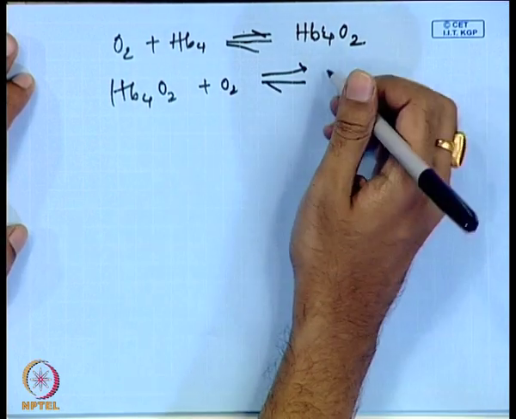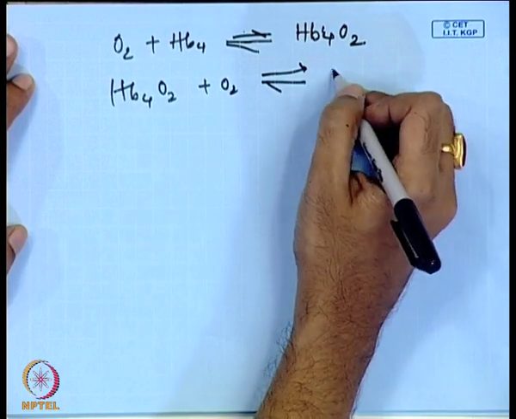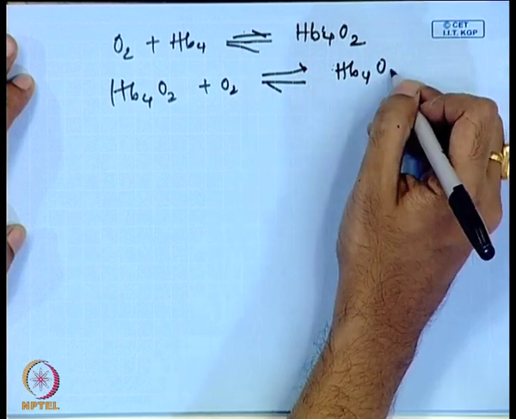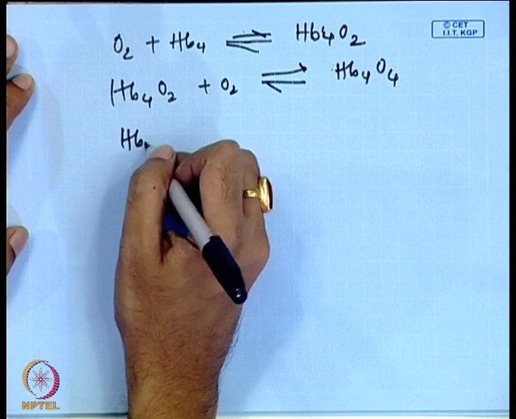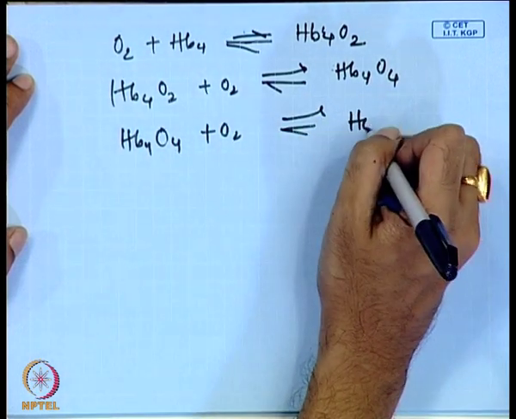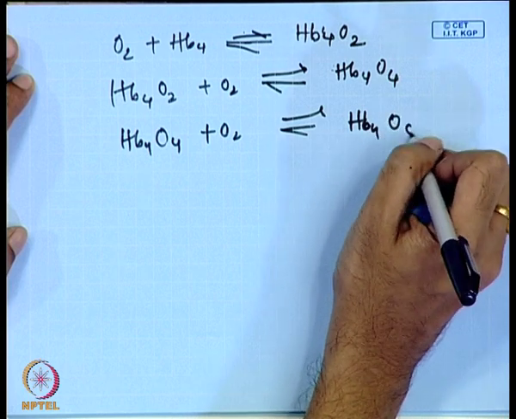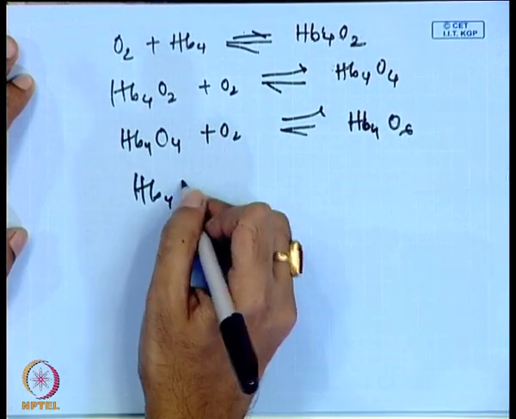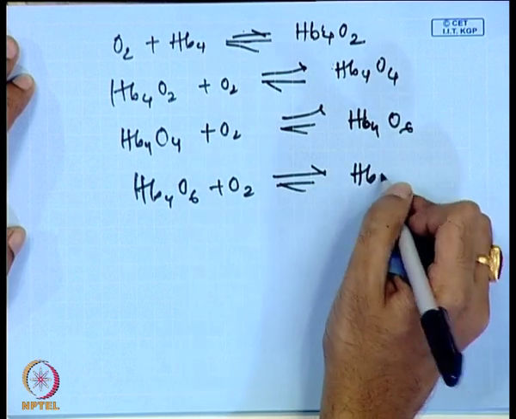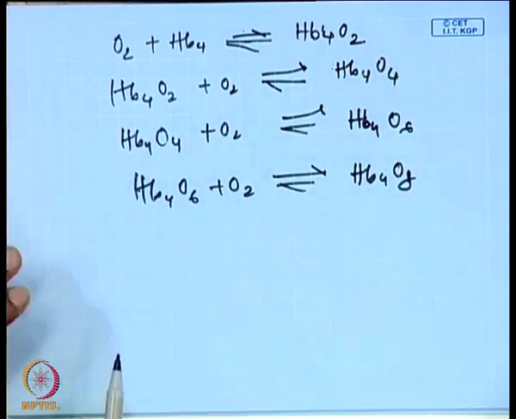Okay, this is exactly that thing. So, it is like a ligand aggregation thing or receptor aggregation thing. If O4, then Hb4O4 plus O2. Okay. So, this is how it happens.